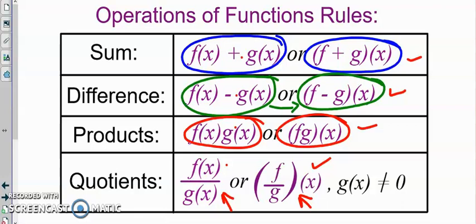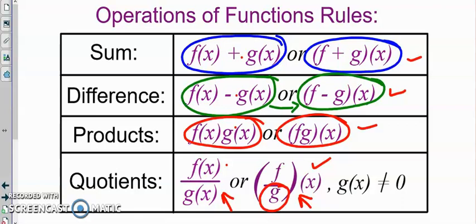Now, when it comes to the quotient one, because that's division, remember your denominator right here cannot equal 0. Because if we have a 0 in the denominator, that means it is undefined, which means we can't have it happen. So that's bad. So therefore we can't have it. So that's what we need to find out here: what is our limitation?